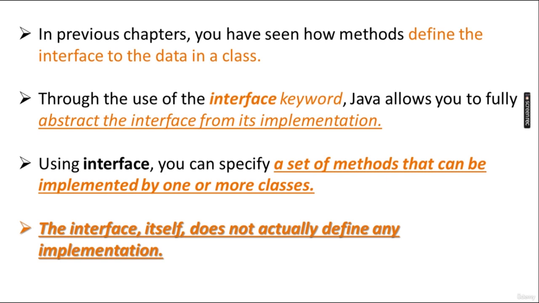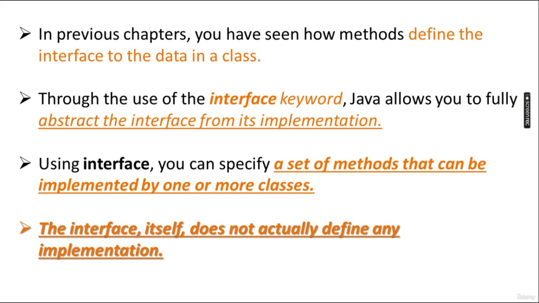You have already seen how methods define the interface to data in the class. Through the use of the interface keyword, Java allows you to fully abstract the interface from its implementation. So an interface will be implemented by other classes, which declare that they are implementing the interface.